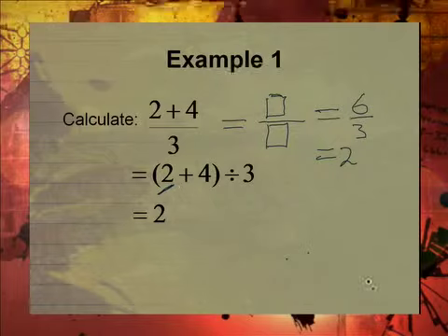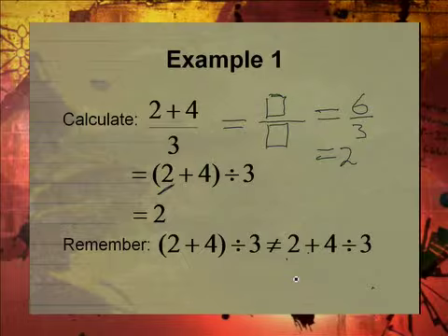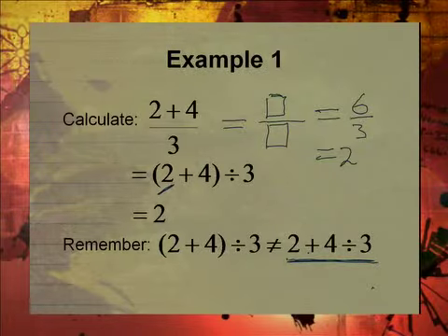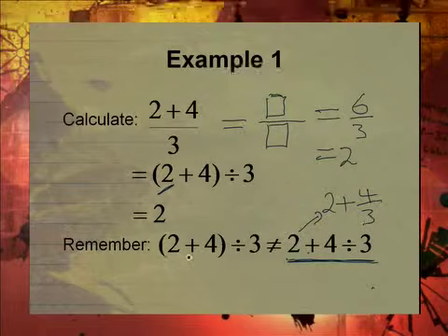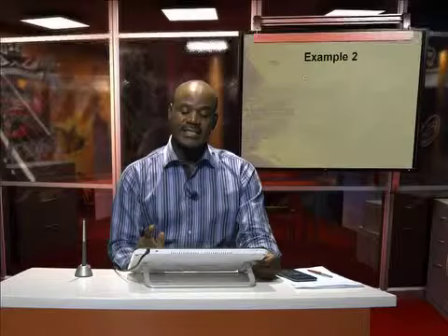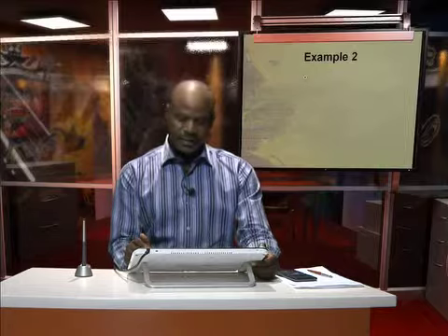But what you must know, guys, is remember that 2 plus 4 divided by 3 is not going to give you the same answer as that. We use brackets here, but if you leave out the brackets, these brackets show that these two terms go together in the numerator. This one means 2 plus 4 over 3. It means that. It doesn't mean that. It's something different.